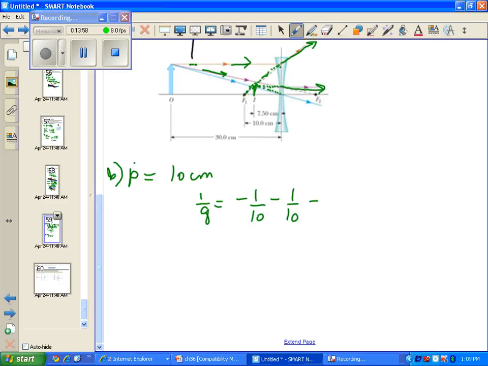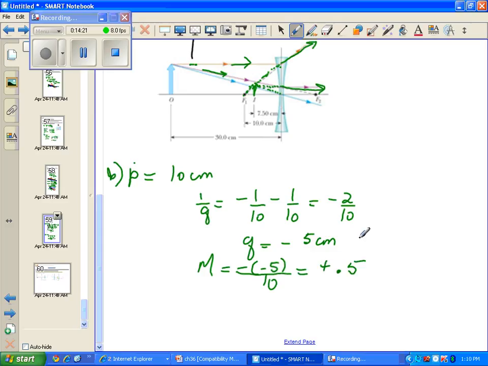In fact, they're going to add up to minus 2 over 10, which means Q is going to be equal to minus 5 centimeters. And this time we do get a diagram. Q is not at infinity. M is minus 5 divided by 10. We have an image which is upright and reduced to half size.